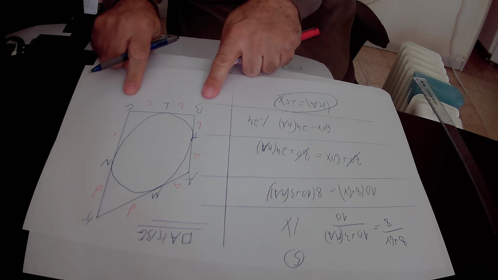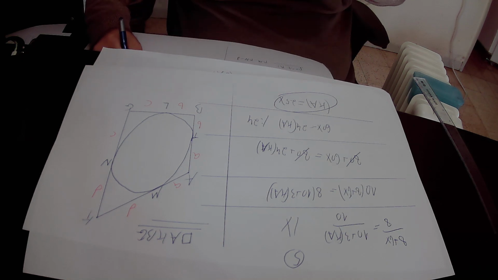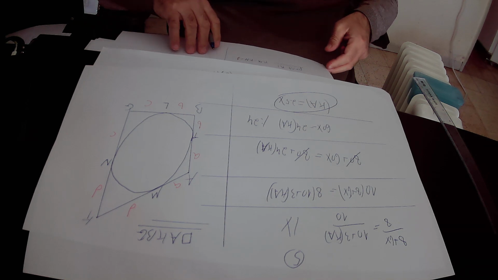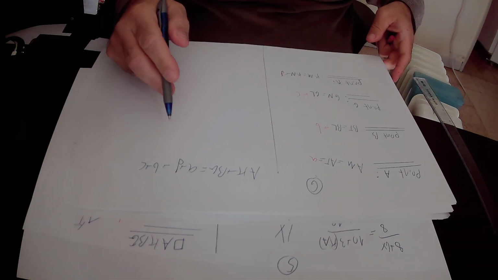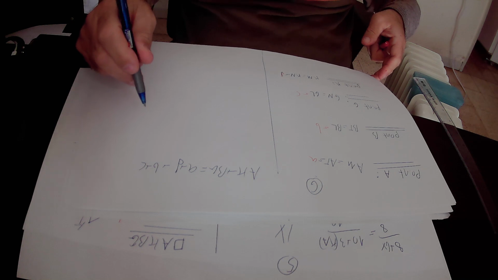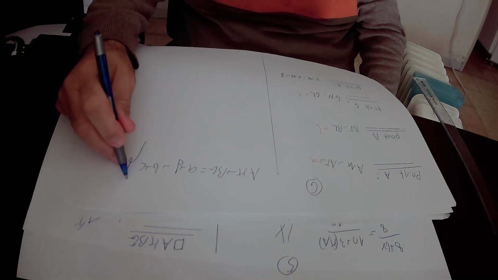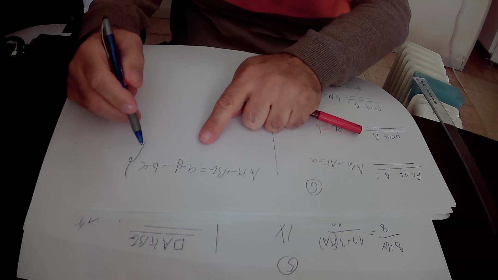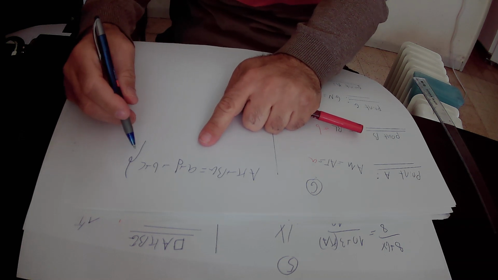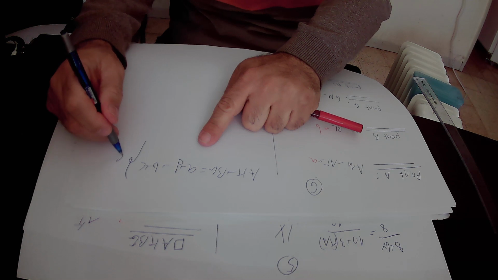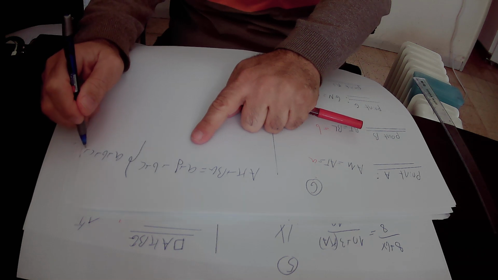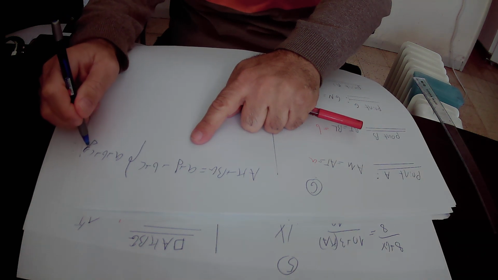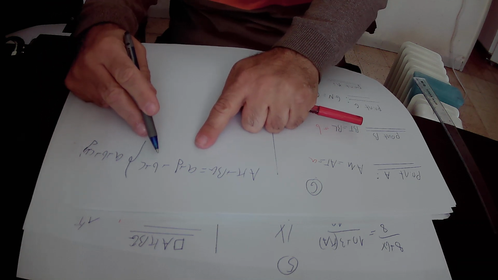From the drawing it is very easy to see that BG equals B plus C. In conclusion, AK plus BG equals A plus D plus B plus C. If we change the order of the variables, this expression equals A plus B plus C plus D.